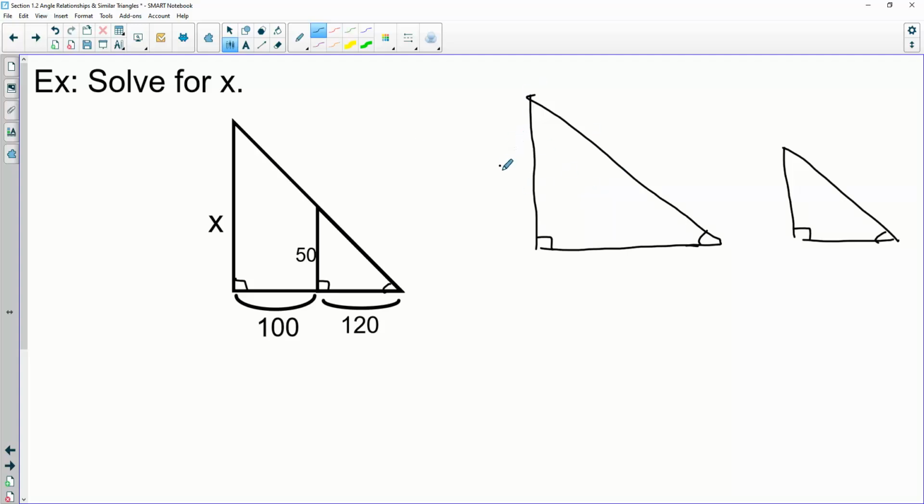This triangle is x units tall. This one is 50. This bottom part is 120. What would be the bottom part of this triangle? So then we could use similar triangles. What would my ratio be?